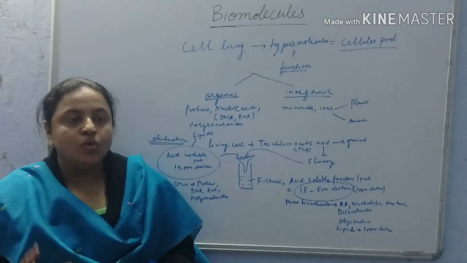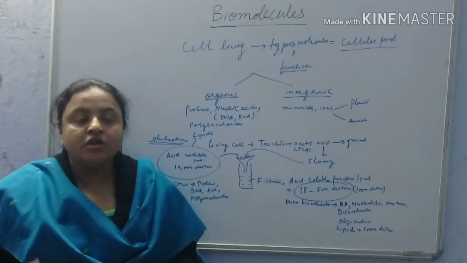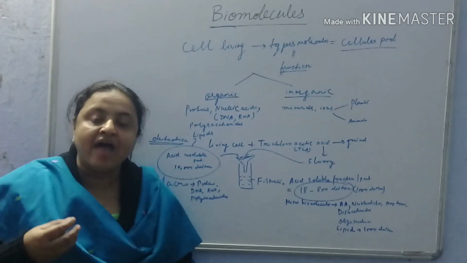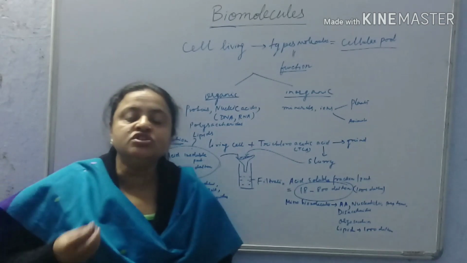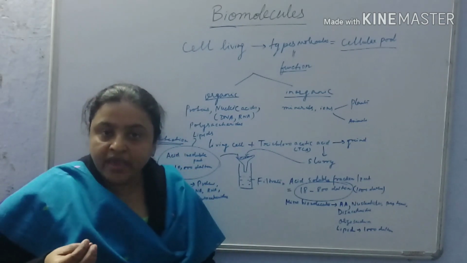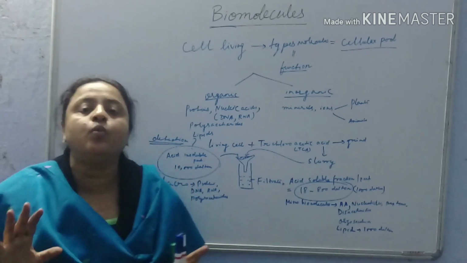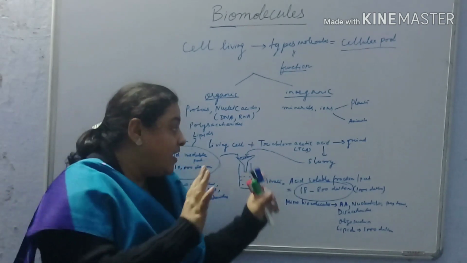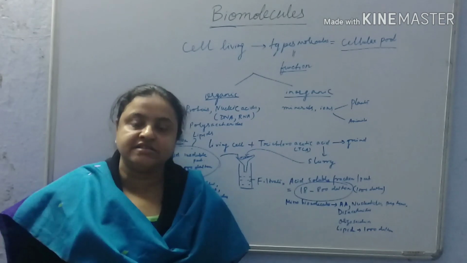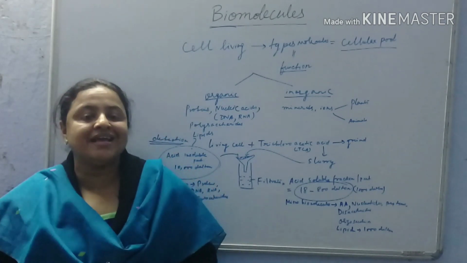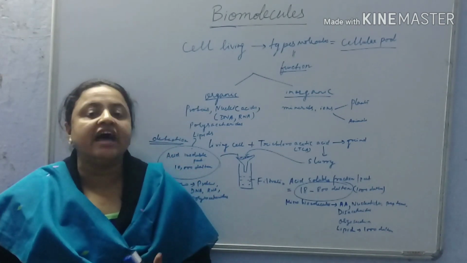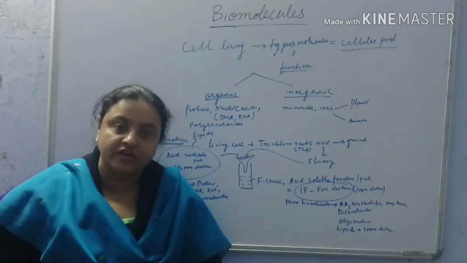So when you grind the cell, the portion of the membrane having the lipid turns into smaller vesicles. And these vesicles are insoluble in aqueous medium. So we are grinding it with what? Trichloroacetic acid, and trichloroacetic acid is a dilute acid, and dilute acid means that there is water in it.